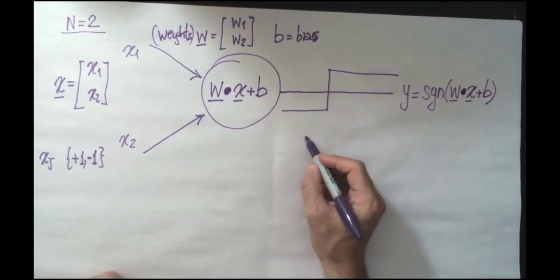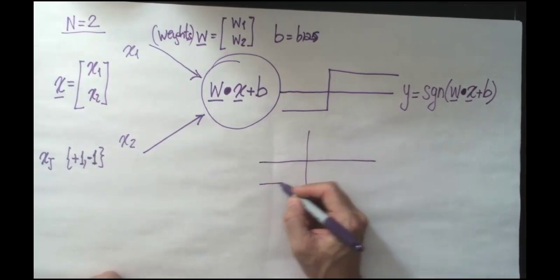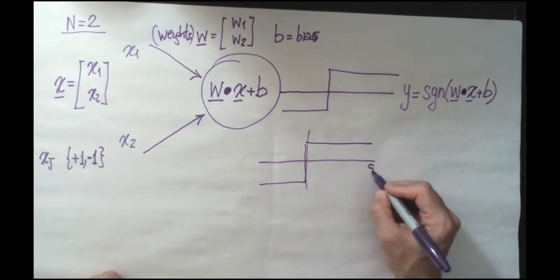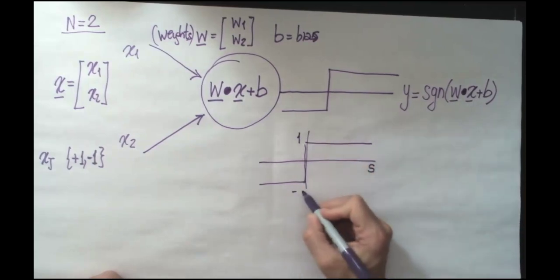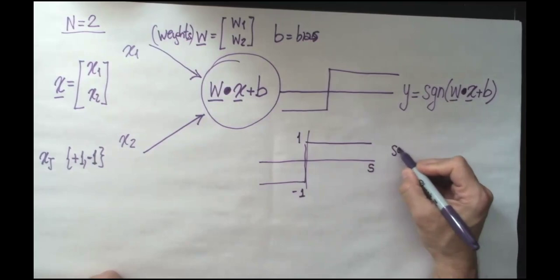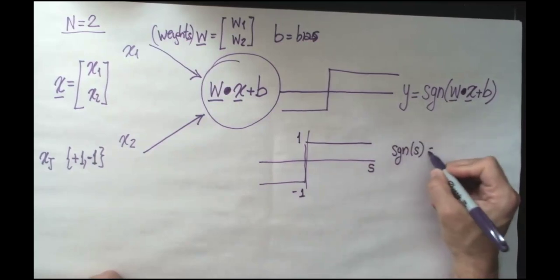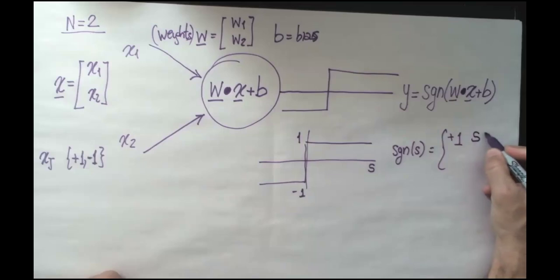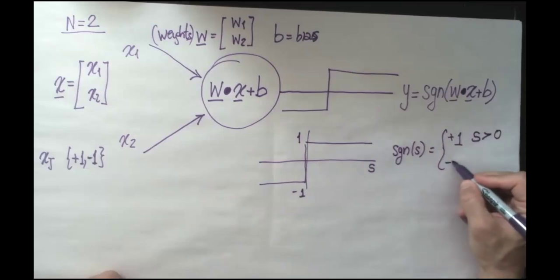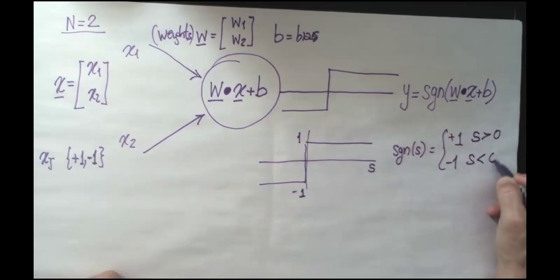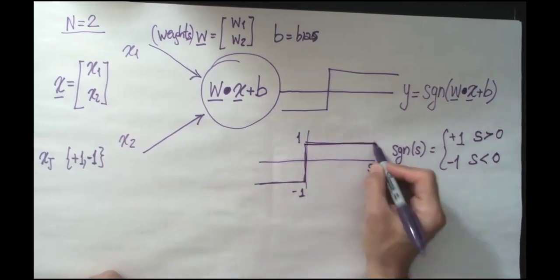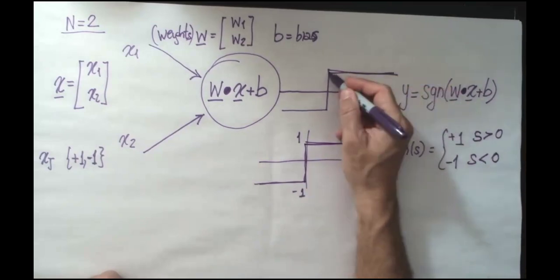Let's call this quantity s. The sign function gives 1 or minus 1: the sign of s is equal to plus 1 if s is greater than 0, and minus 1 if s is less than 0. So this is basically the activation function.